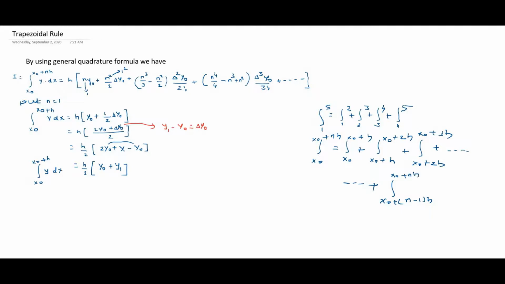So this is integration x0 to x0 plus nh. By using this formula, now we have this first term x0 to x0 plus h.